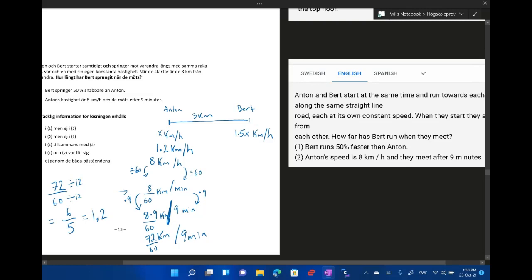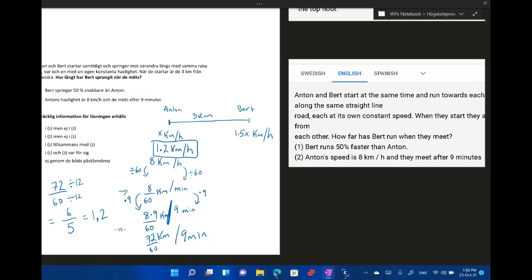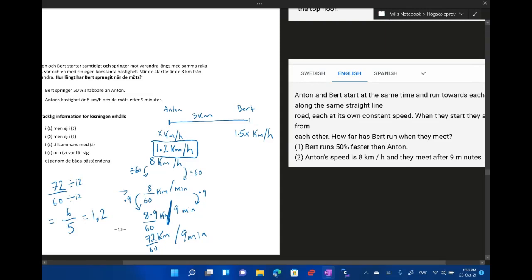Okay. Anton's speed is given here. Bert's speed, well, first of all, this is not an hour, this is in 9 minutes. So after 9 minutes, Anton's going to reach almost halfway.